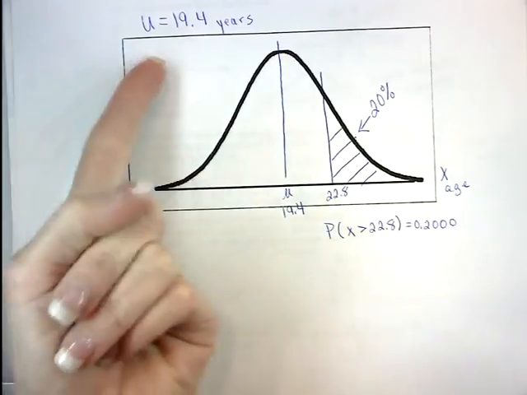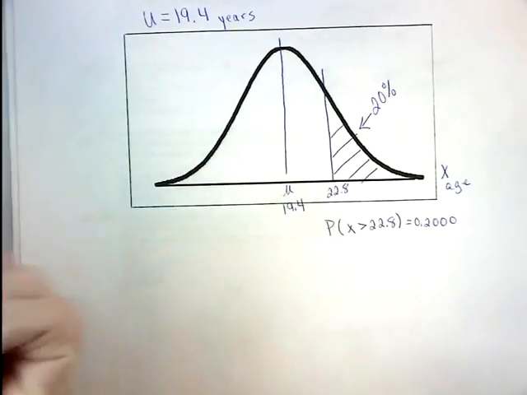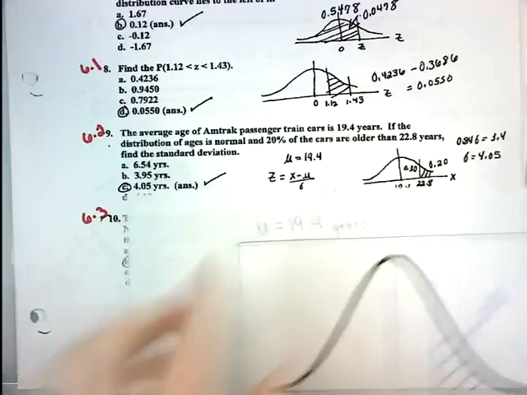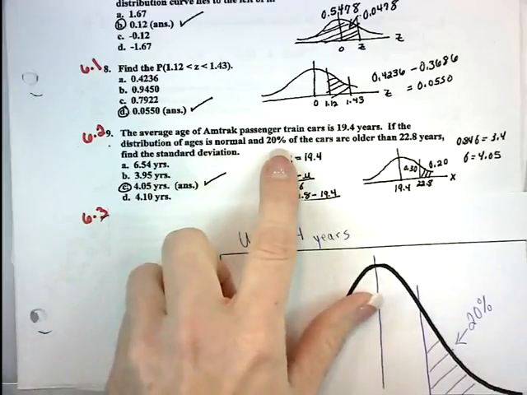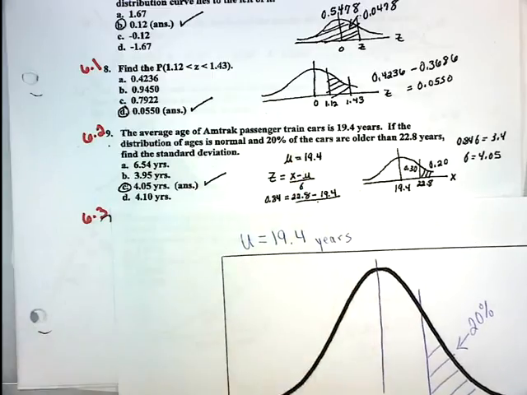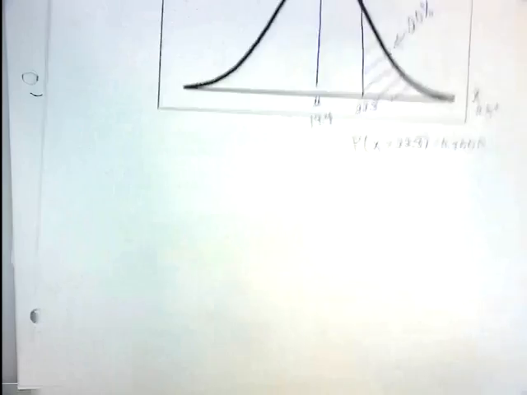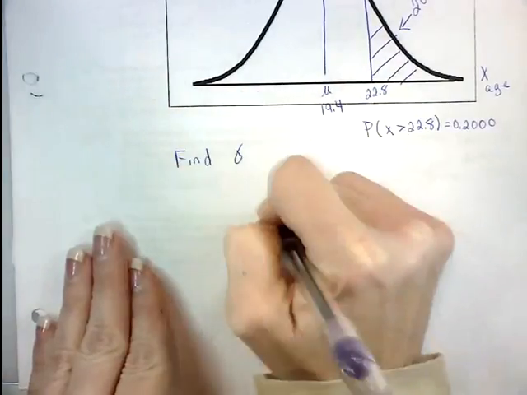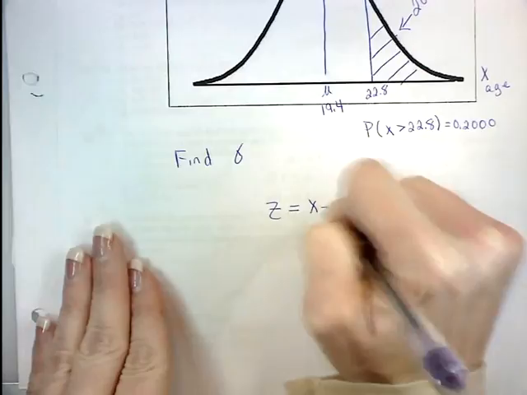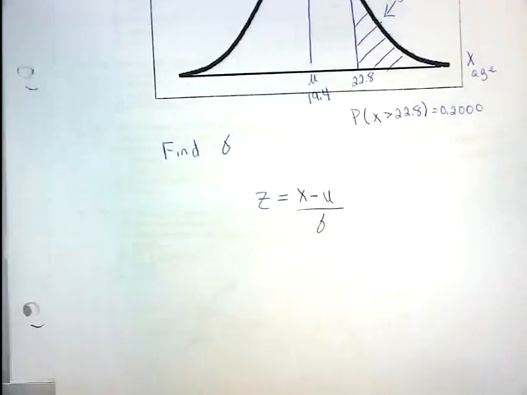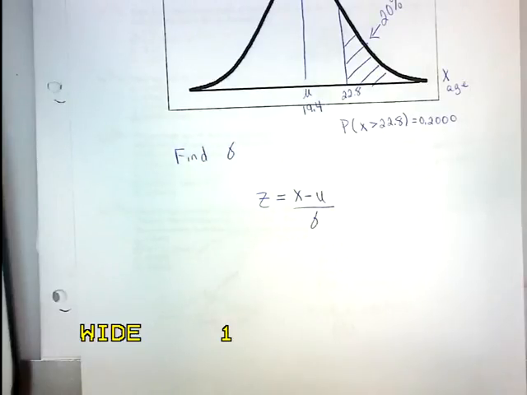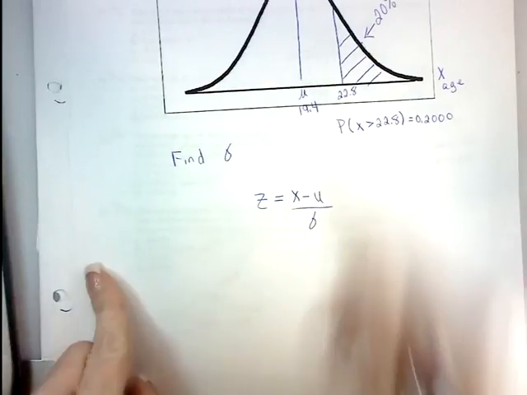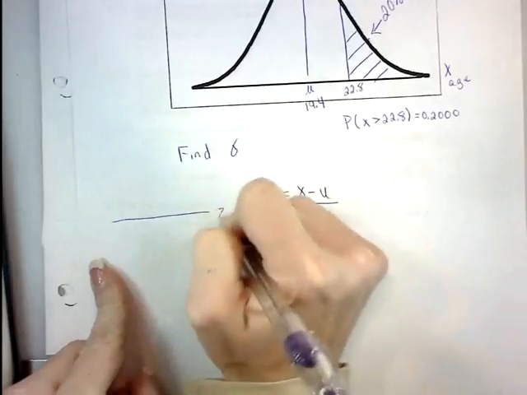They've given us the average, and they've given us this probability by saying that 20% of the cars are older than 22.8 years. So that's going to be above 22.8. Find sigma. To find the standard deviation, we have to use the z-score formula and cross-multiply to solve for sigma. We need to find the z-score that's represented here in this picture.